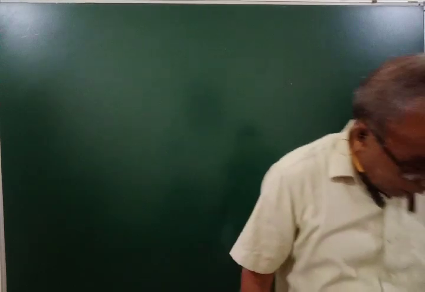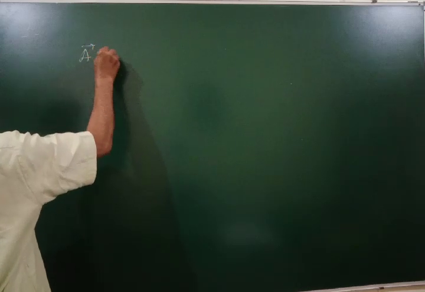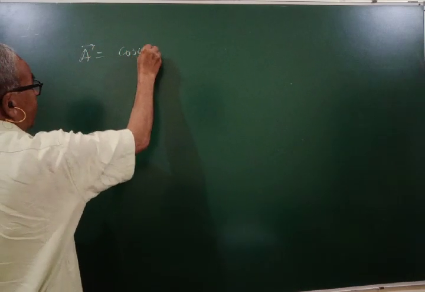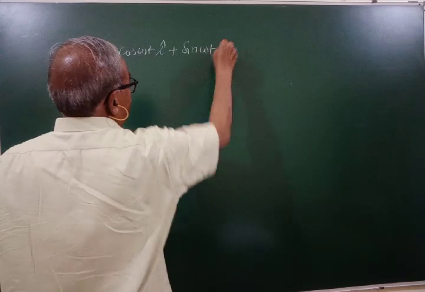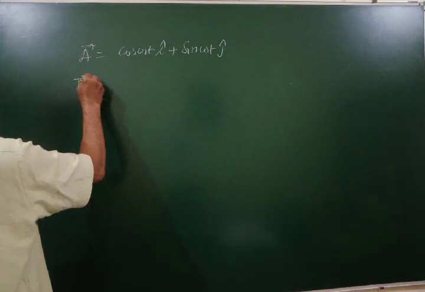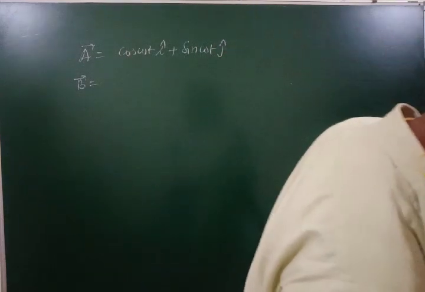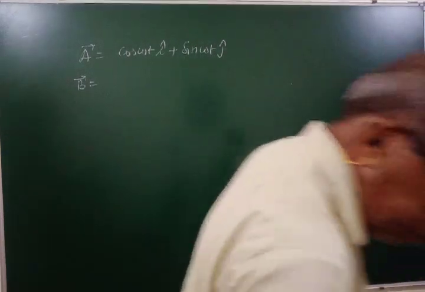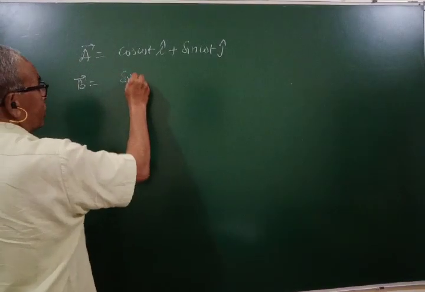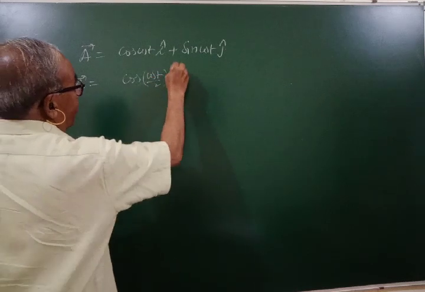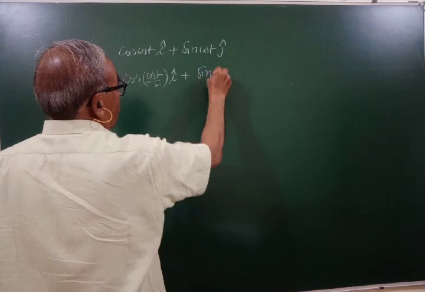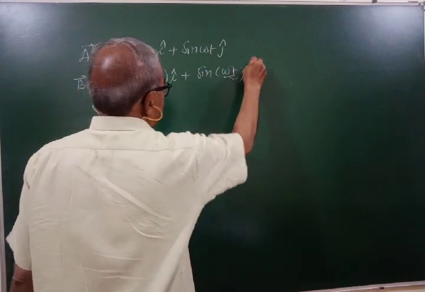Now there is another question here. Two vectors A and B are time dependent such that vector A is equal to cos omega t i cap plus sin omega t j cap, and vector B equal to cos omega t by 2 i cap plus sin omega t by 2 j cap.